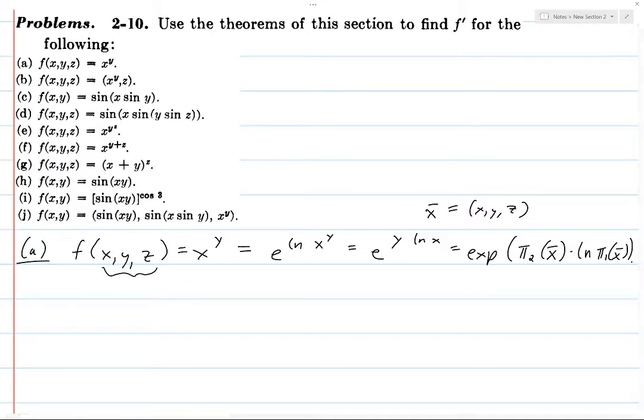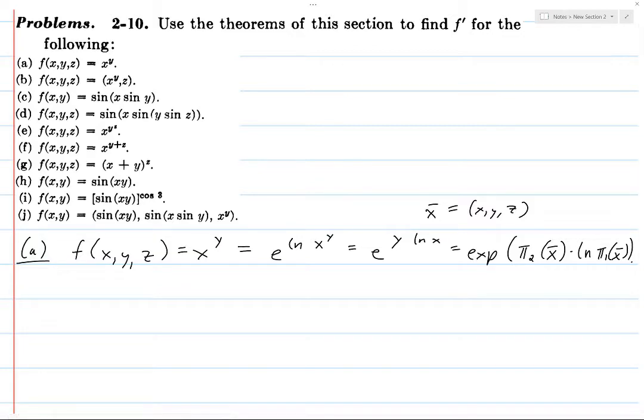So the inputs for this function need to be vectors in R3. Therefore, we want the inputs to be x bar, where x bar equals x comma y comma z. And in order to extract the y and the x from this, we have to use pi 2 and pi 1 to project, to take this vector and use projection to extract one of the components. Okay, so now we've written this function in the way that we want.